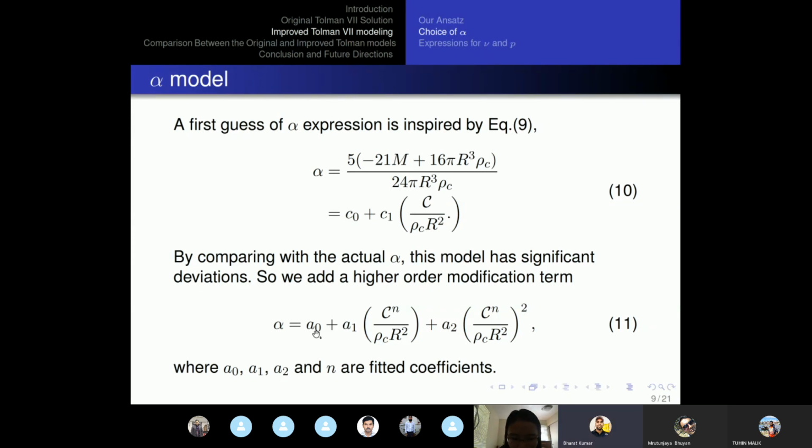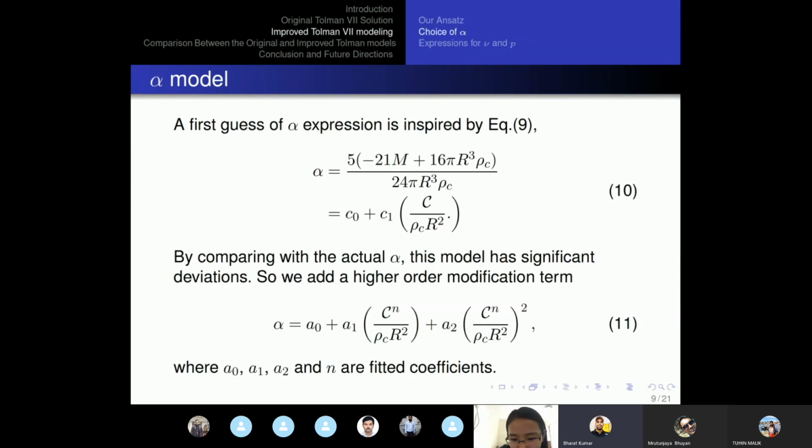I think these A0, A1, and A2 are just fitting coefficients. I got them just from doing the fit. It doesn't have an analytic expression for A0, A1, and A2. They are fitting parameters, obtained numerically; you have to do the actual fitting.